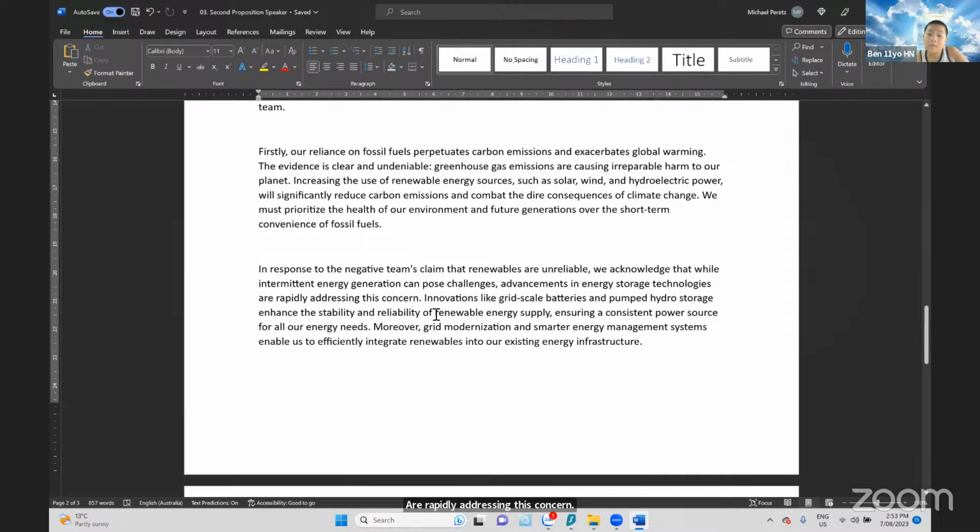Innovations like grid-scale batteries and pumped hydro storage enhance the stability and reliability of renewable energy supply, ensuring a consistent power source for all our energy needs. Moreover, modernization and smarter energy management systems enable us to efficiently integrate renewables into our existing energy infrastructure.